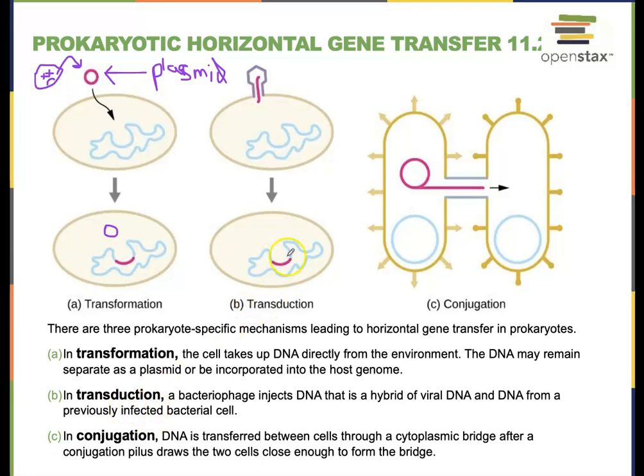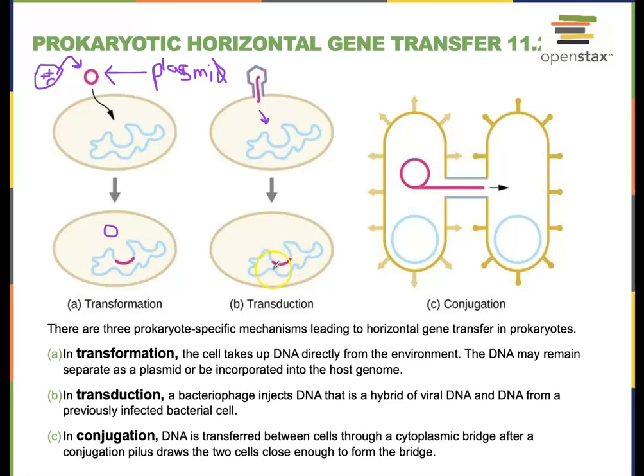Transduction is where a virus infects a cell. We talked about this in chapter 6, so if you need to review transduction, review the chapter 6 area on viruses. But the viral DNA can come in, and the viral DNA can incorporate into the bacterial genome.